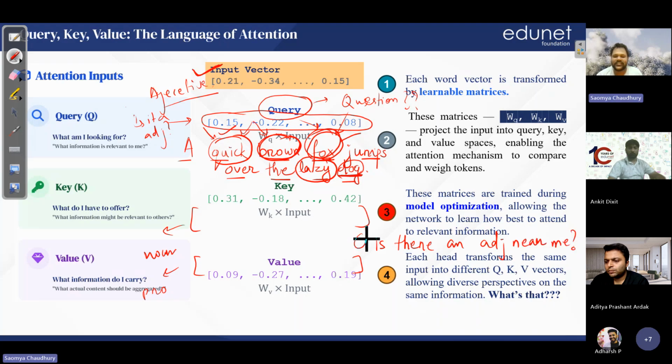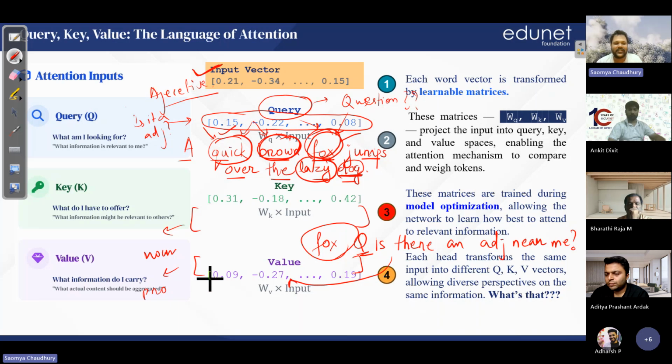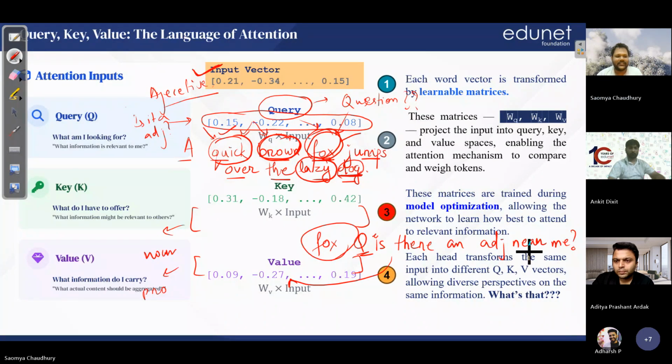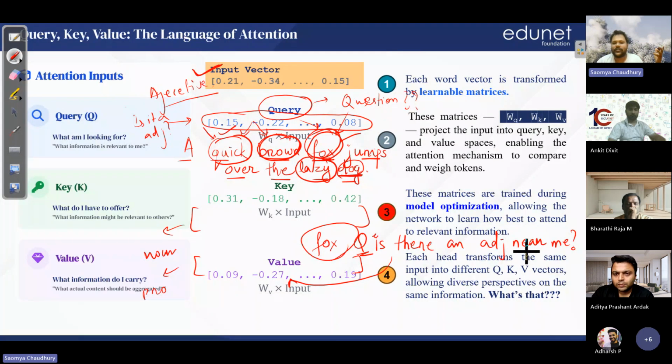For the word fox, I am asking the question in the form of a matrix, just like you saw earlier. In the form of a matrix, I'm asking a logical question. Is there an adjective near me? So I think you can understand why you write all these sets of questions.